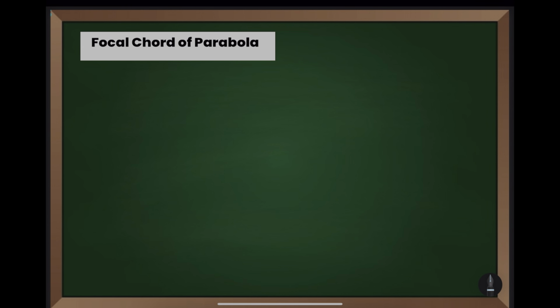We got this situation, focal chord of parabola. By the name, as you can understand, this is talking about focal chord. So chord means what? A point touching 2 points of the curve.